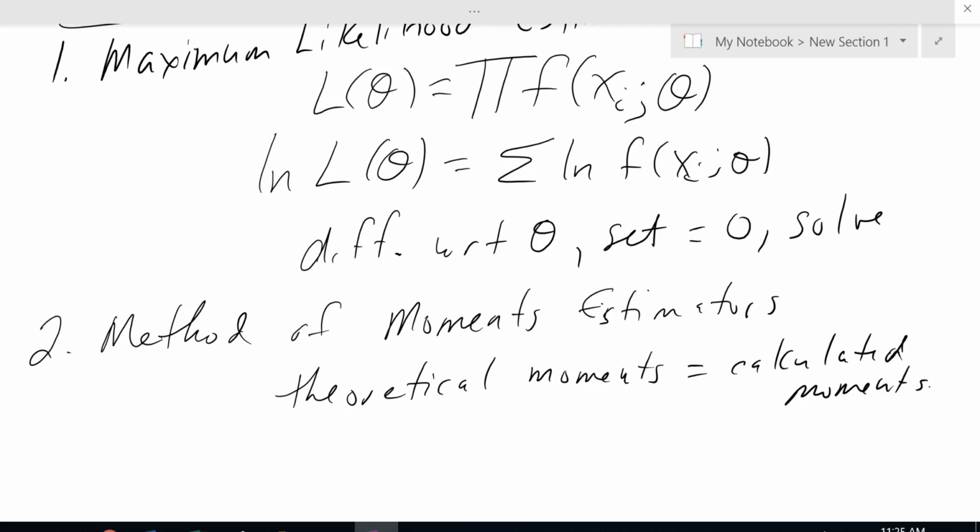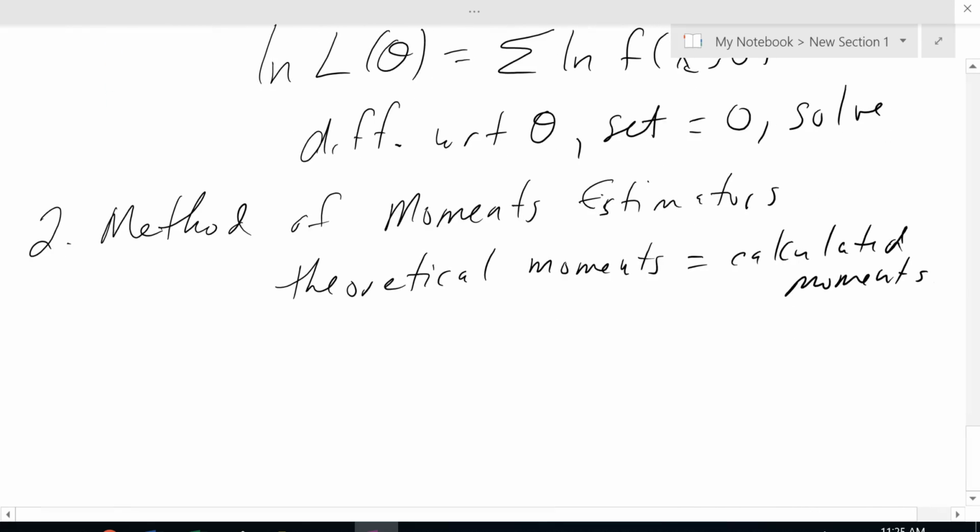So if you only have one parameter, it's pretty easy. You just set the mean with respect to the parameter equal to the mean of the sample. But if you've got two parameters, you would set the mean equal to the mean of the sample, and you set the variance plus the mean squared equal to the expectation of the x squareds.